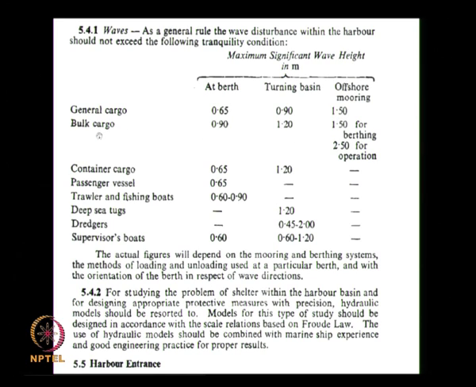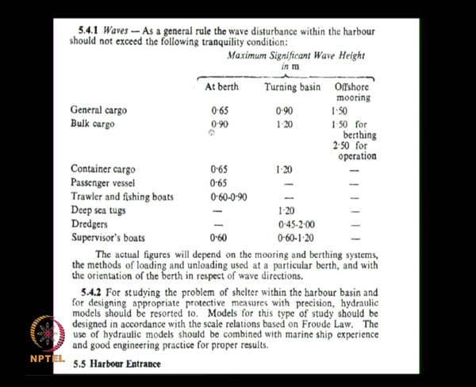Then if it is a bulk cargo, maximum significant wave height is 0.9 and training basin is 1.2, 1.5 for berthing and 2.5 for operation. Then we have the container cargo, it is 0.65 meter at the berth and 1.2 meter in the training basin.